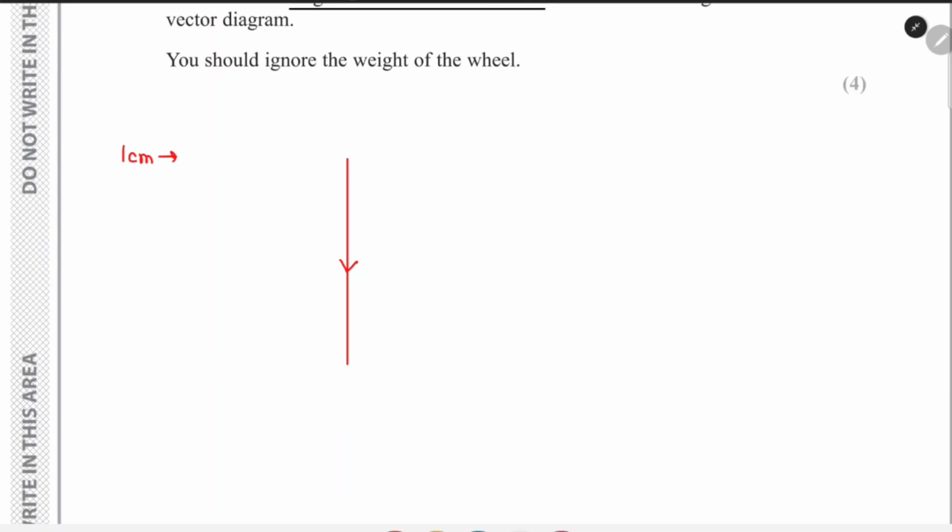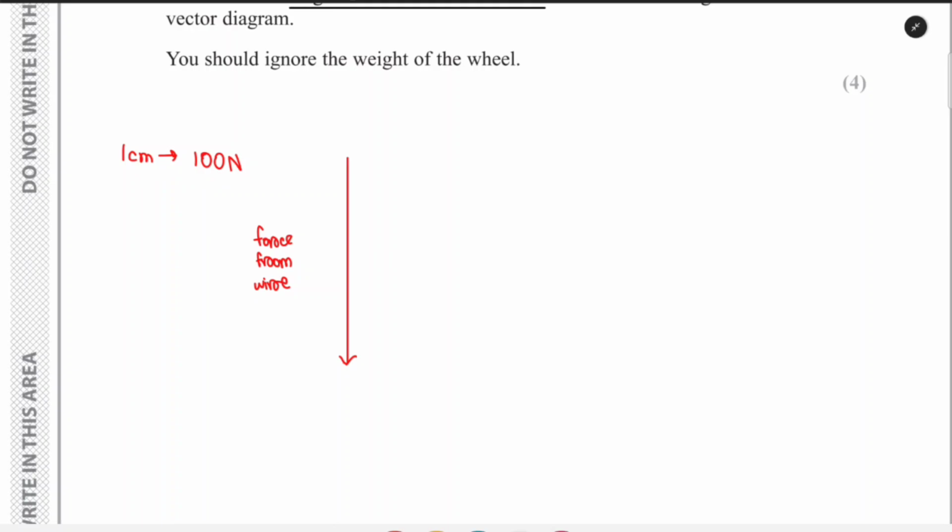So 1 centimeter will refer to around 100 newtons. Yeah, 1 centimeter is 100 newtons. That's our scale. So we have an 8 centimeter line representing the 800 newton force from the wearer. My diagram won't be exact since I'm not using a ruler.